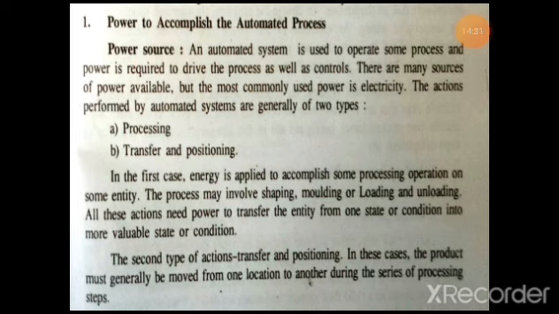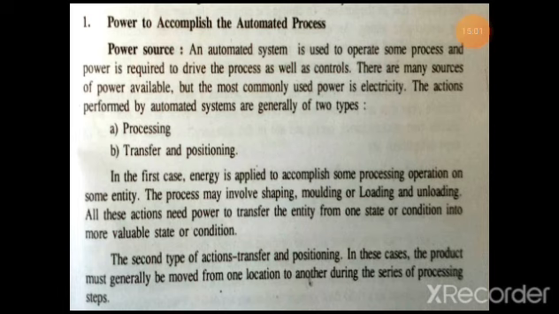In the first case, the energy is applied to accomplish some processing operation on some entity. The process may involve shaping, molding, or loading and unloading. All these actions need power to transform the entity from one state or condition into a more valuable state or condition. That is the requirement.